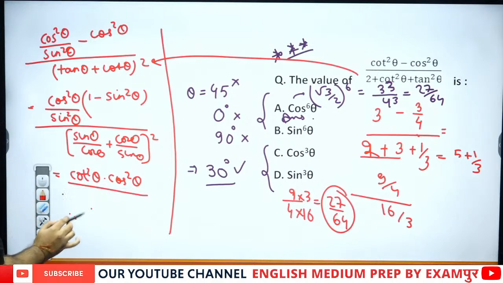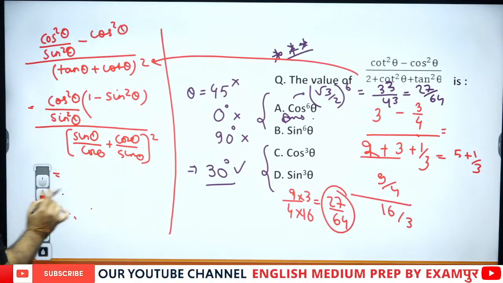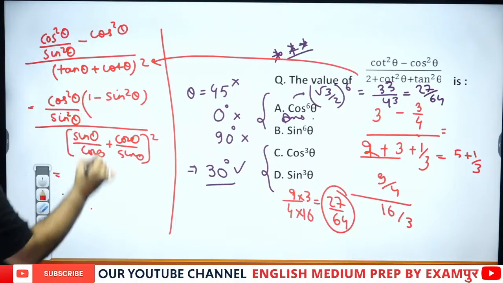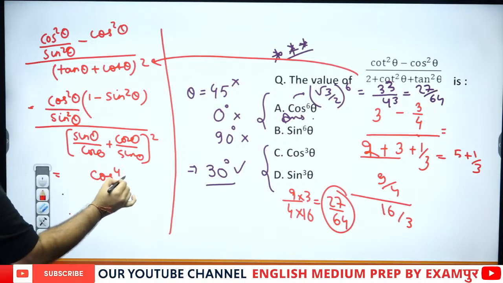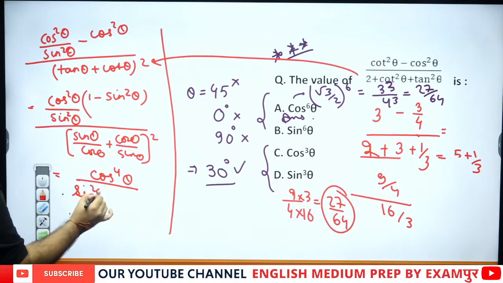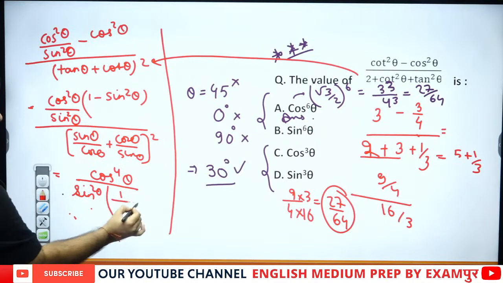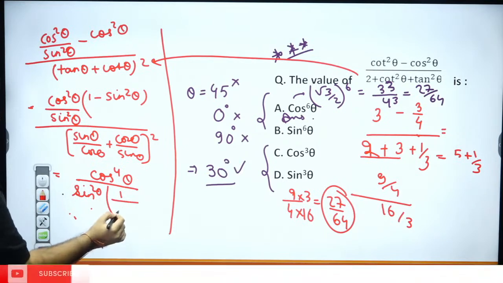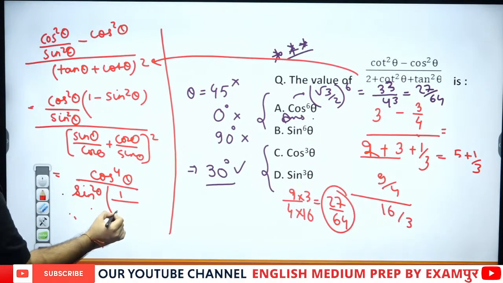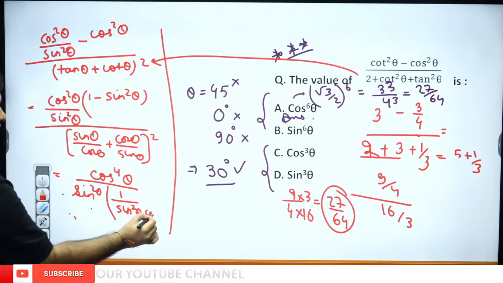Or we can say, a bit of smartness I need to show: cos to the power 4 theta upon sine square theta. This will become sine square plus cos square, 1, upon sine theta cos theta. Sine square theta cos square theta.